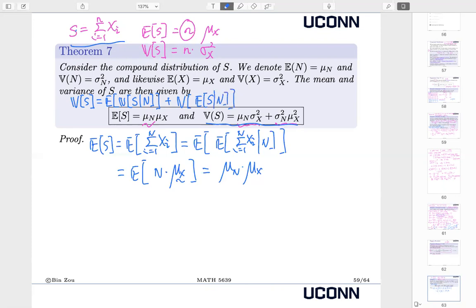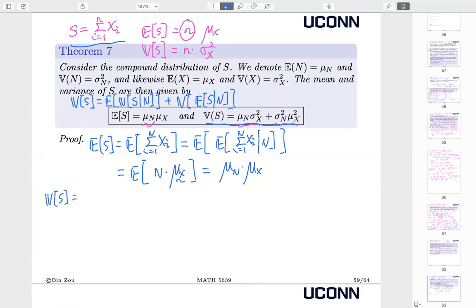I believe this is more helpful to memorize and is in a symmetrical form. The unconditional variance of S equals the expectation of conditional variance plus the variance of conditional mean. Okay, so let's prove this.